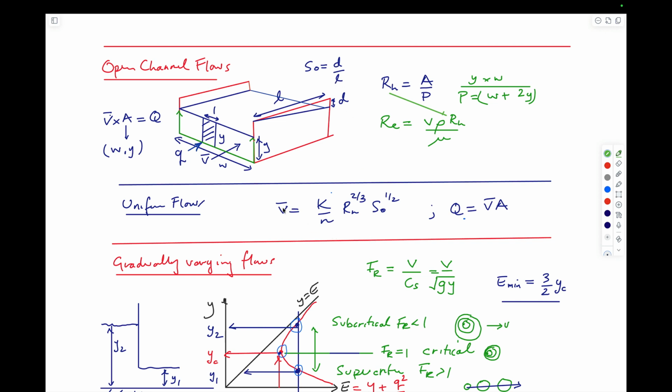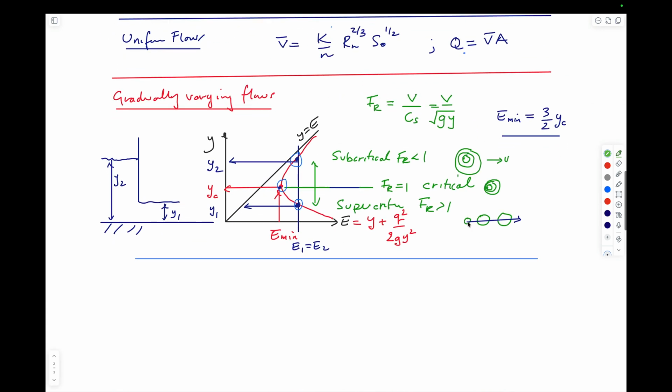This is the average velocity, which is assumed constant everywhere across the section. So if you want the volumetric flow rate, you just multiply the average velocity by an area, and that gives you a volumetric flow rate Q. And so that's the flow rate question. Actually, that is the question.